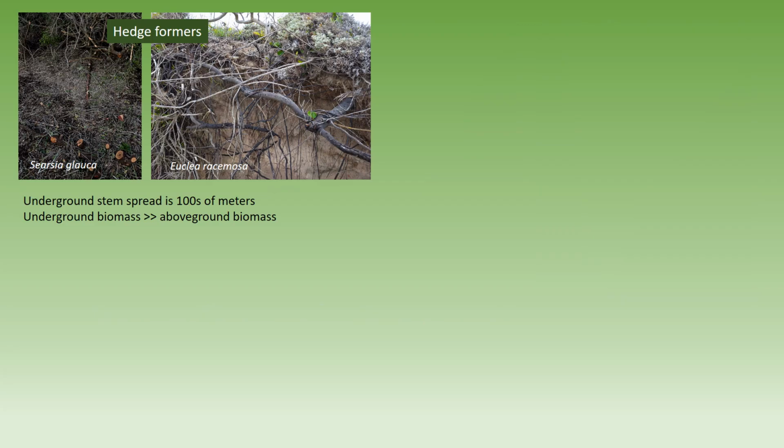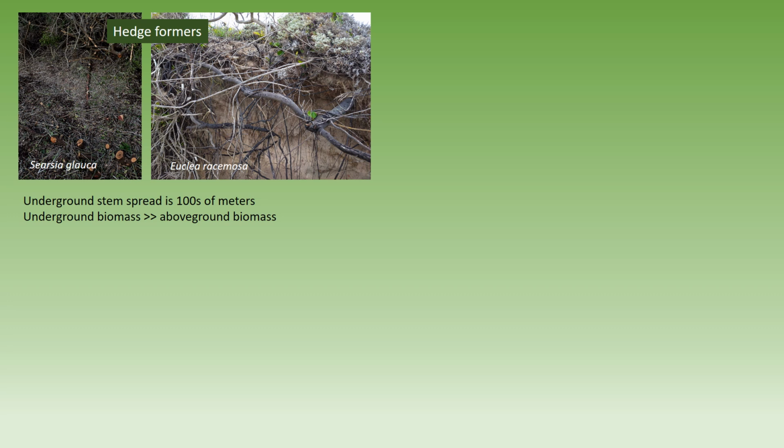Next, we explore the underground architecture of the three different growth forms or architectural types that I've just described. We start off with hedge formers, and the important point with these plants is that they have more biomass underground, more biomass of branches underground than they have above ground.